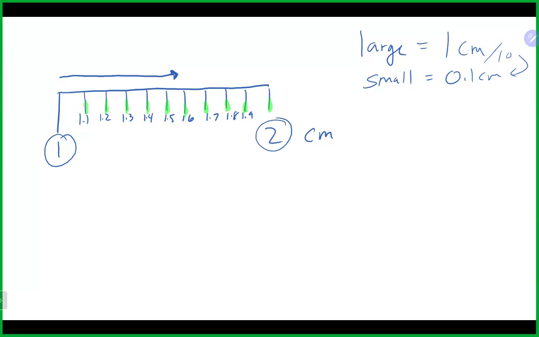So for example, if we look at my arrow here, if I drew it straightish, kind of down that way, everybody looks at this marking and should agree that the arrow is at least 1.5. So we would record those because these are what are referred to in a measurement as all the certain numbers.